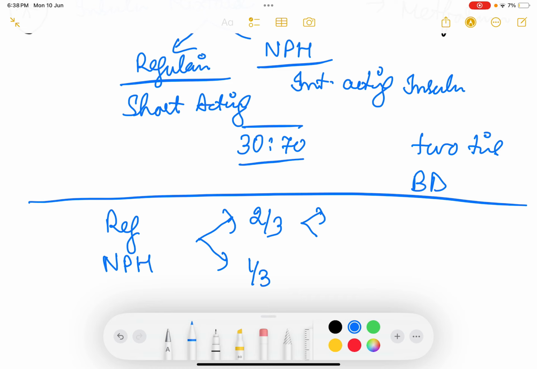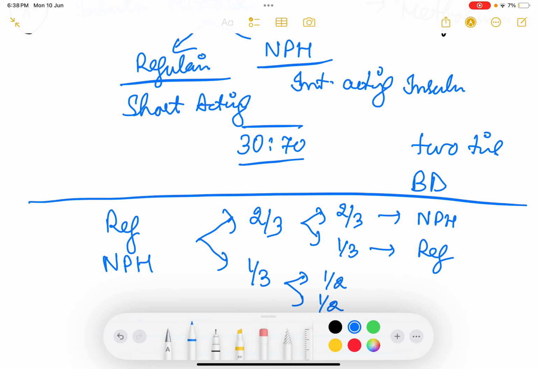Of this, you divide the morning 2/3 again into 2/3 and 1/3: 2/3 will be NPH and 1/3 will be regular insulin. The night dose, 1/3, can be divided into half and half: half is NPH and half is regular insulin.